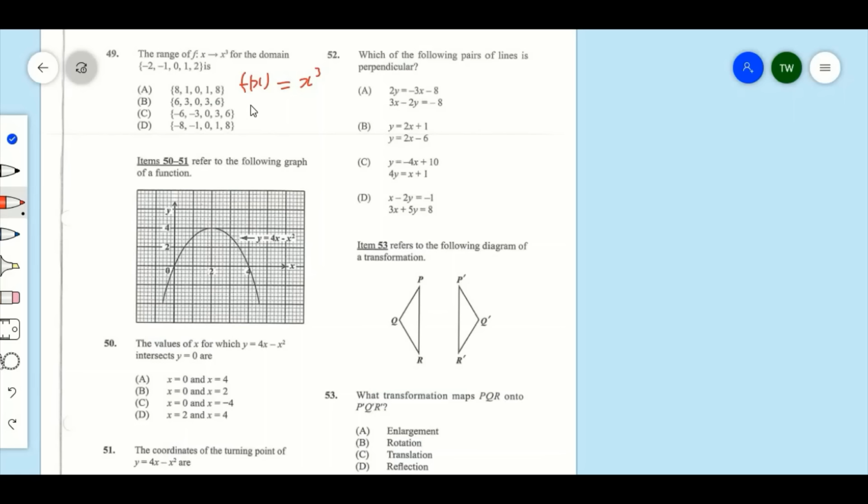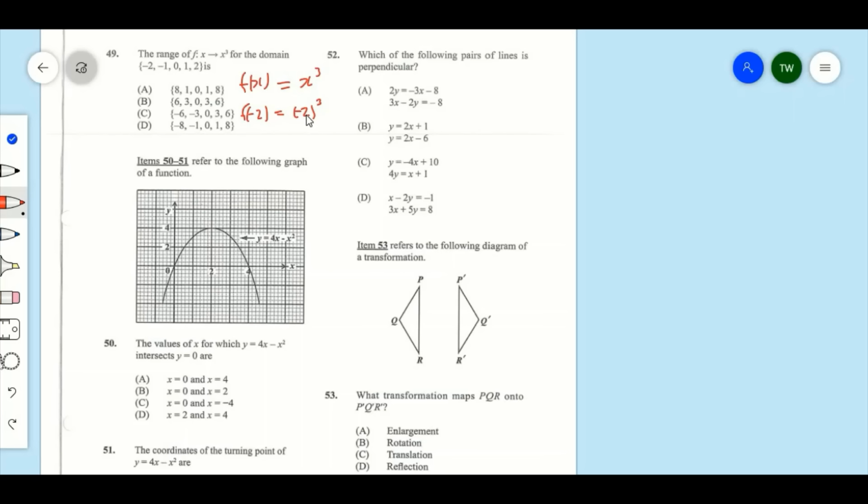So let's say that we're going to substitute x for -2 first. So we're going to find f of -2 is equal to, and where we see x, we're going to replace it with -2. So it's going to be -2 all cubed.